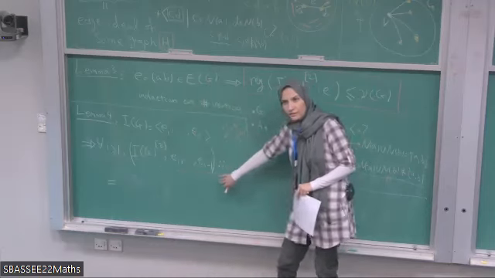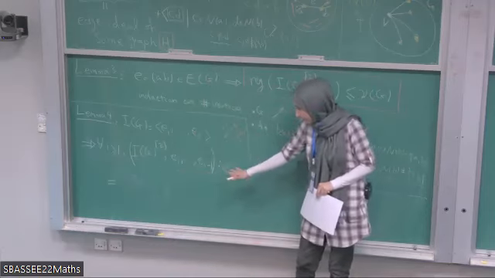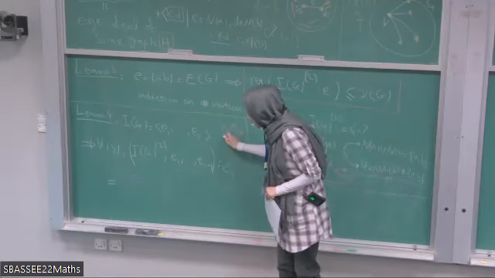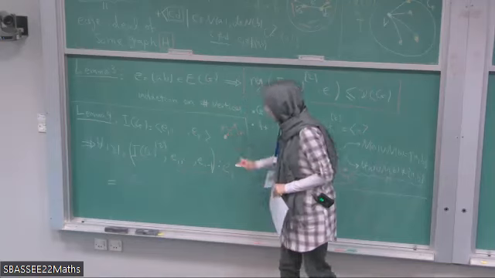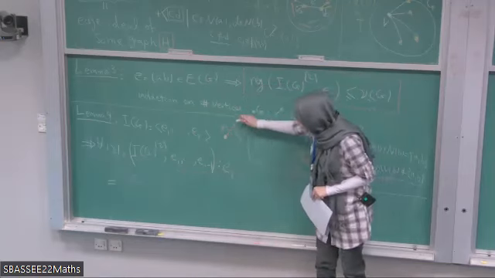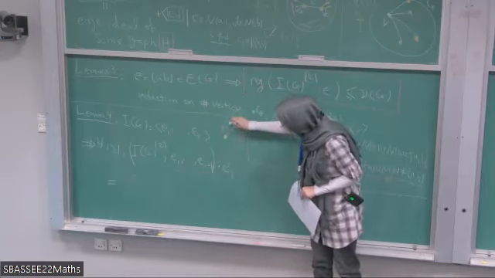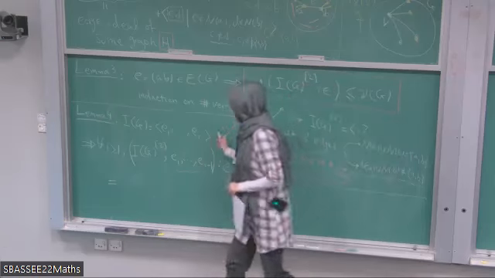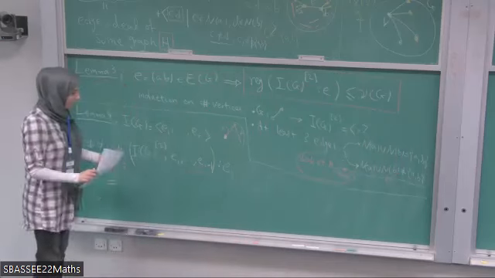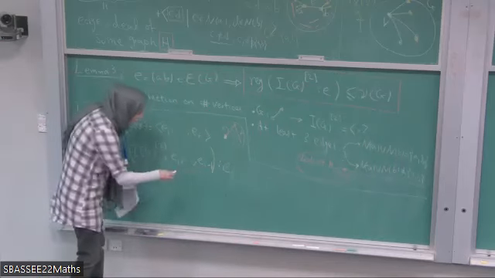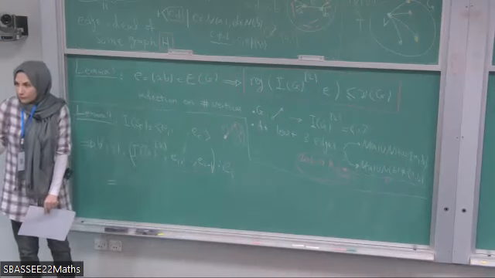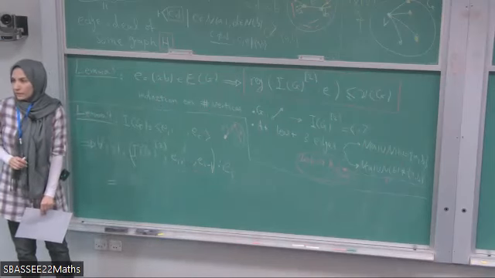Something here divides my monomial. So if I just multiply this vertex to my e_i, then what happens? This e_j, which is something in between, divides the monomial, right?